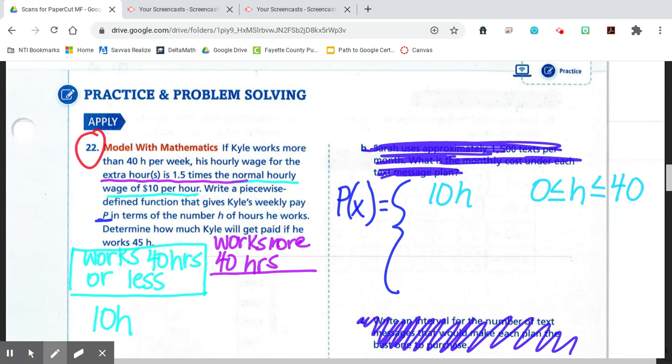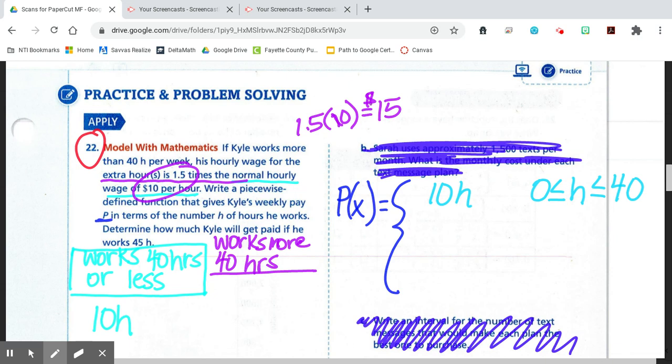So if he works more than 40 hours, for every hour extra after that, he gets 1.5 times his normal hourly wage. So his normal hourly wage is $10, but 1.5 times 10 is $15. So he gets paid $15 for every hour that he works above 40.